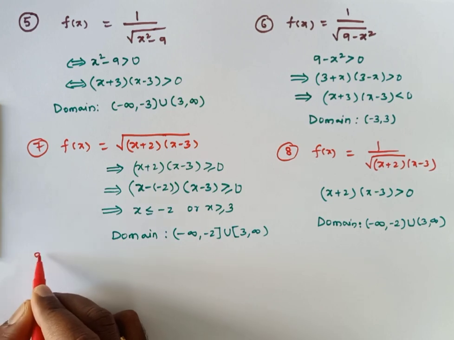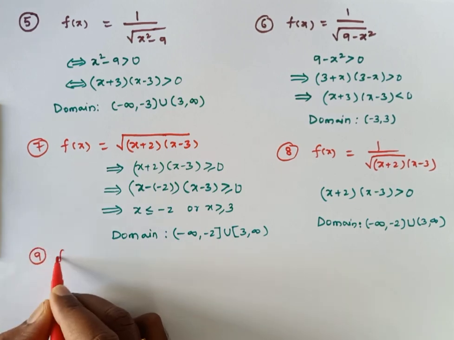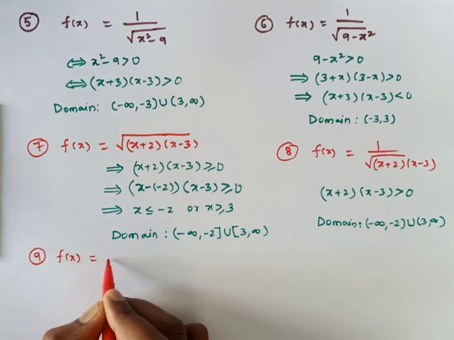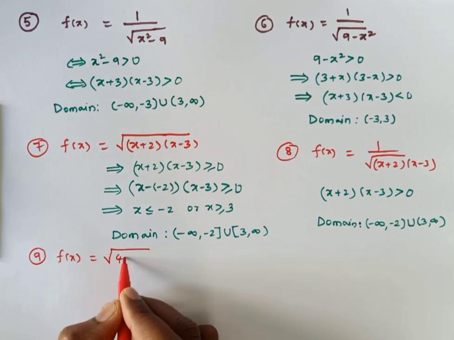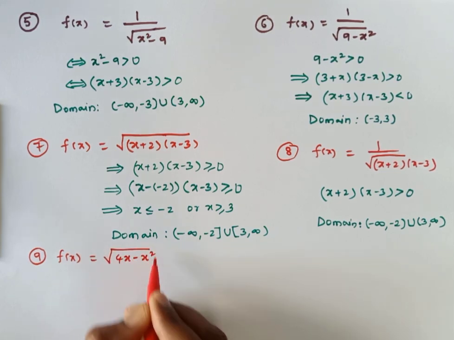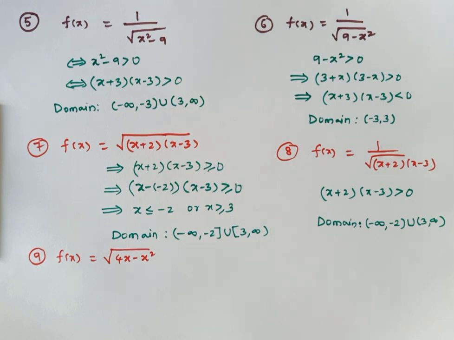Problem number 9. So here f of x is equals to square root of 4x minus x square form. So this is something different, right? Here 4x minus x square. So here the something should always be greater than or equal to 0. So try to convert that something into x minus alpha into x minus beta form always.